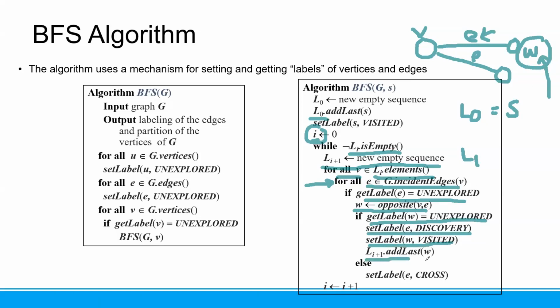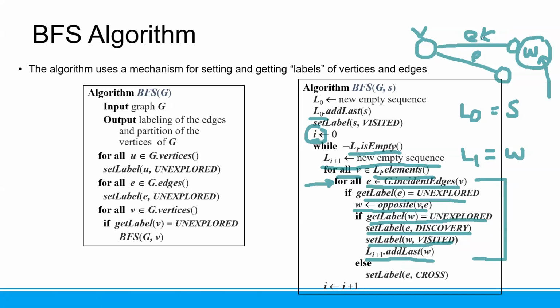And then we add W into L(i+1), so L1 will be added with W. It will be repeated for all the incident edges.